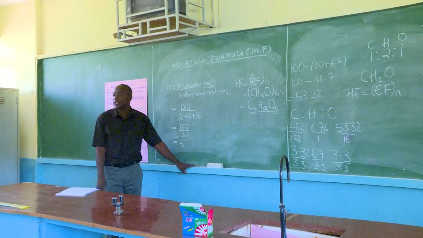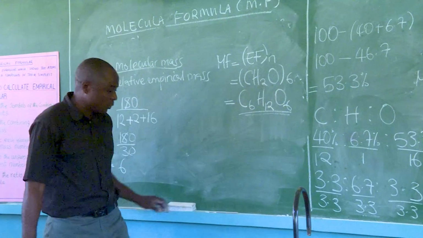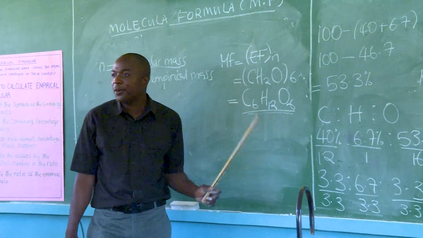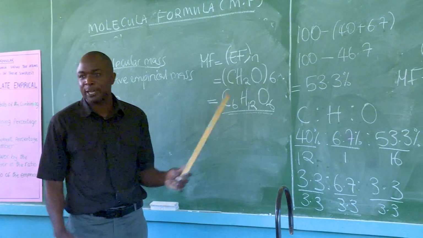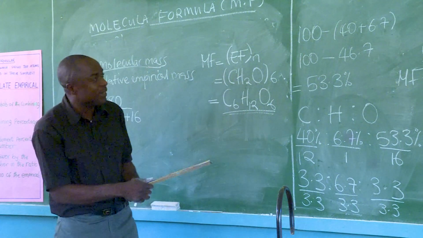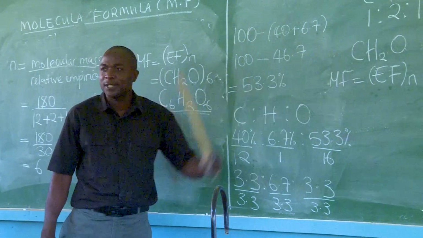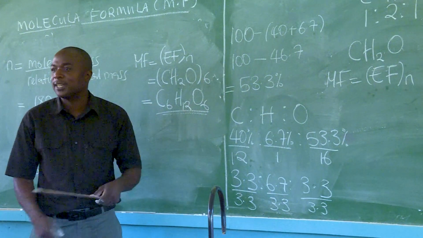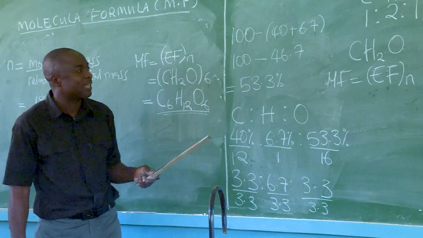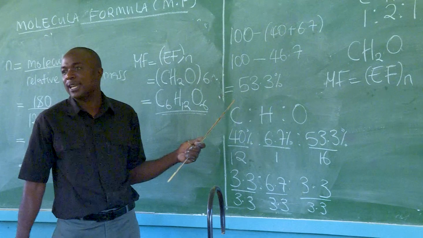So this is the molecular formula for the compound. How to find the molecular formula? The first thing, you have to calculate the empirical formula. Now, the question had a trap to make you fail. It gave you the percentage abundances for carbon and hydrogen. Oxygen was missing. You were just told that the rest is oxygen. And we know that percentage is always out of 100.